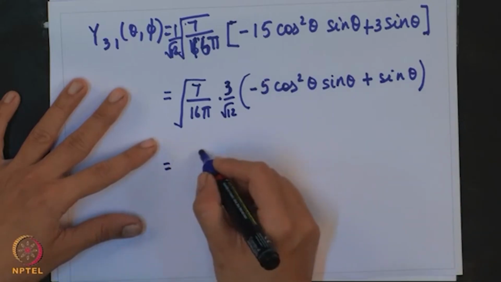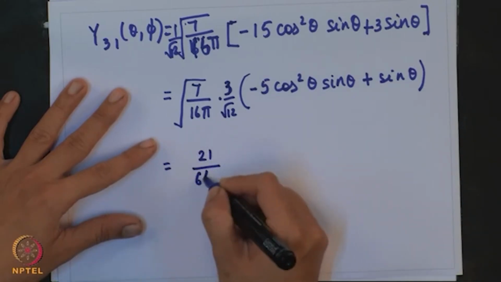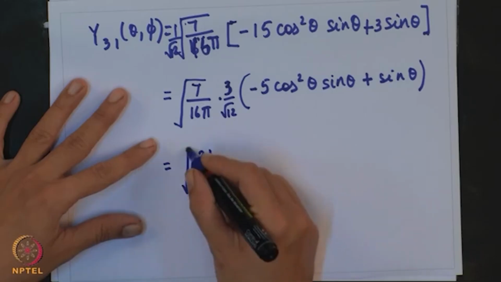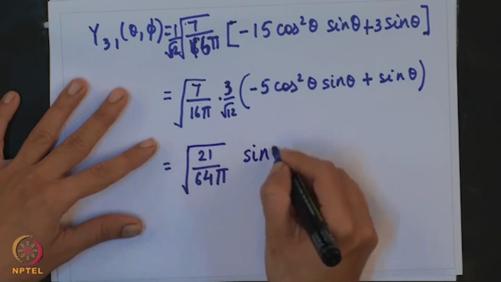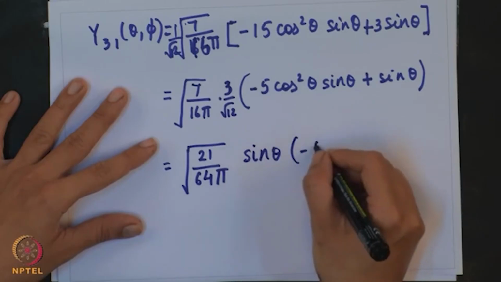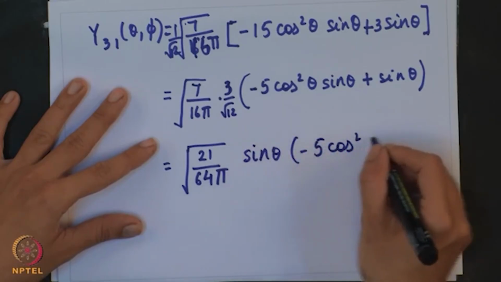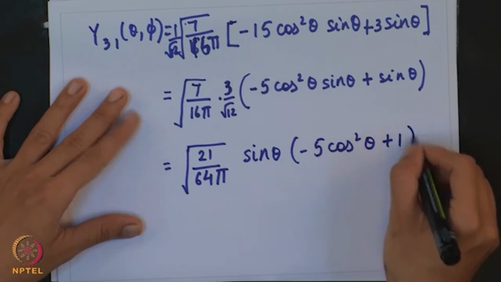So this will result in the square root of 21 upon 64 pi times sin theta times minus 5 cos square theta plus 1.